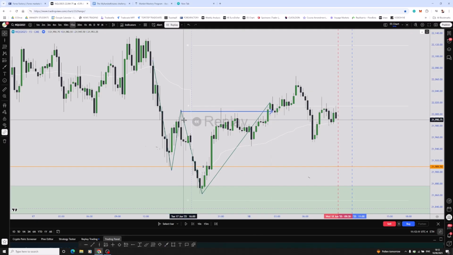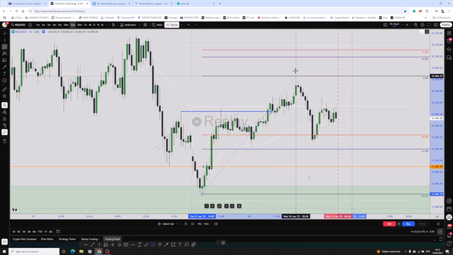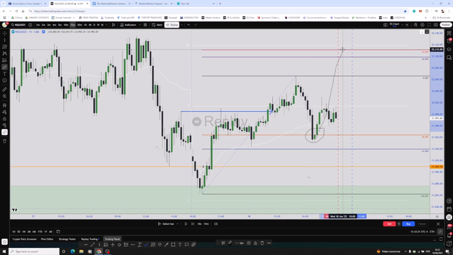And what happened after the European open is price came up, took out that high here, and I was waiting for a pullback, okay? Now using my Fibonacci tool from the swing low to the swing high that broke market structure, this 50% zone here was an area where potentially price could bounce for a move higher, okay?